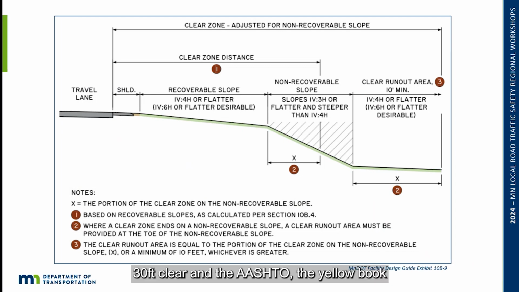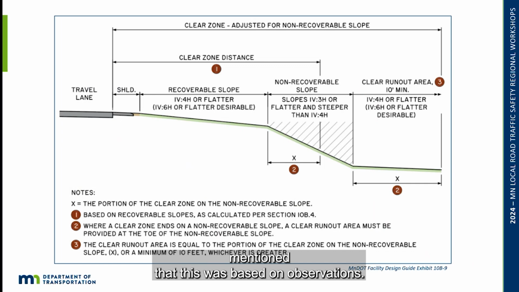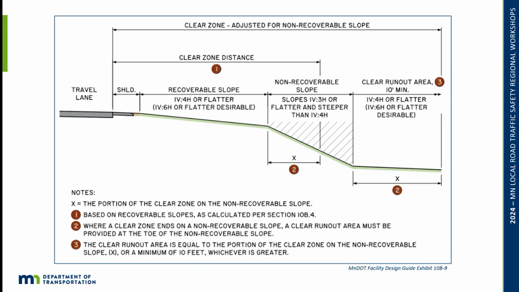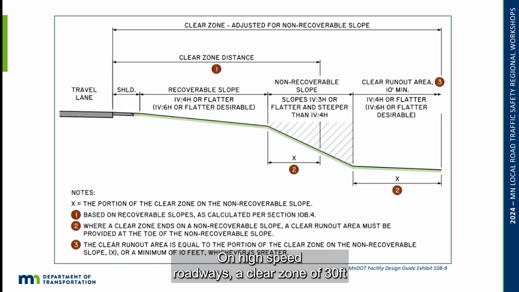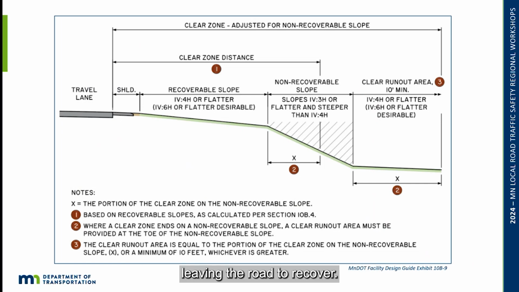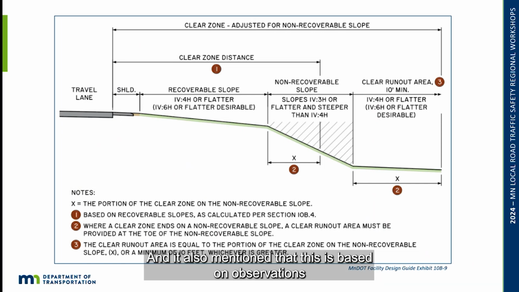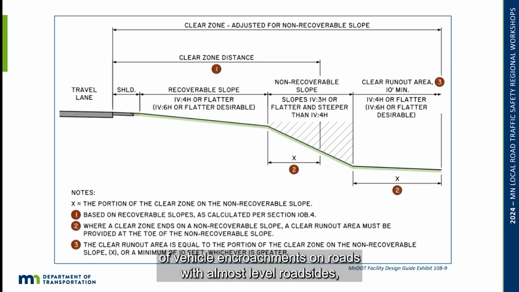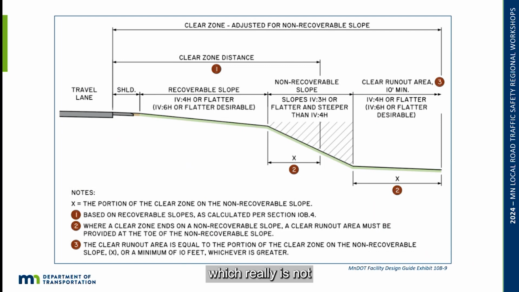The Yellow Book mentioned that this was based on observations on high-speed roadways. A clear zone of 30 feet from the edge of the traveled way permits about 80% of the vehicles leaving the road to recover. It also mentioned that this is based on observations of vehicle encroachments on roads with almost level roadsides, which really is not a very good description of most rural roads.